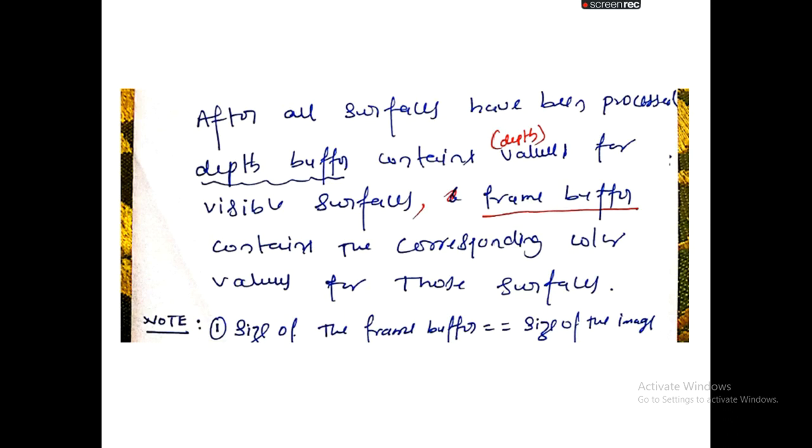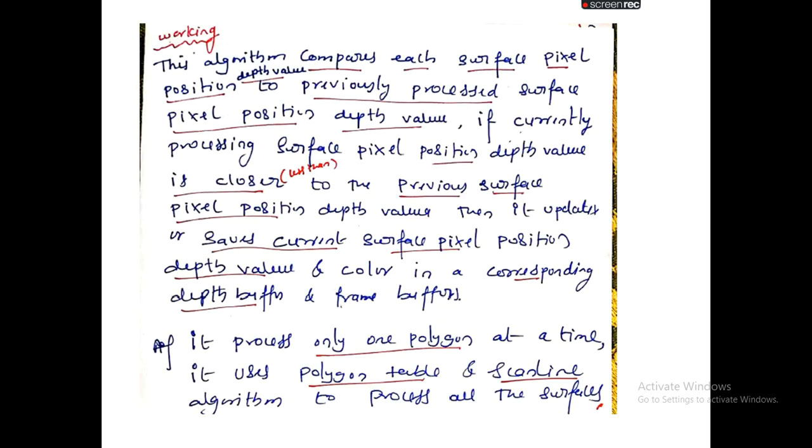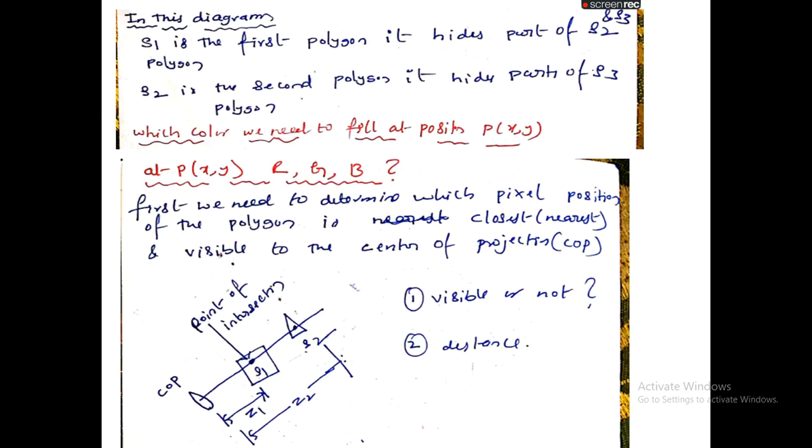Then the OpenGL program, or the computer graphics processor, will read the content of the depth buffer and the content of the frame buffer, and finally it will display whichever object is visible to the viewer.